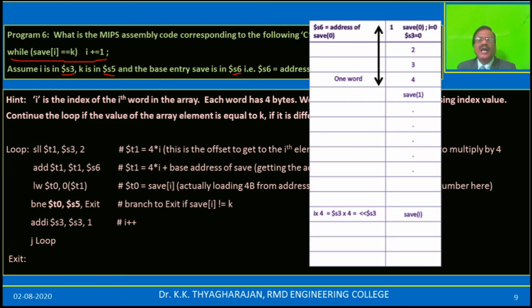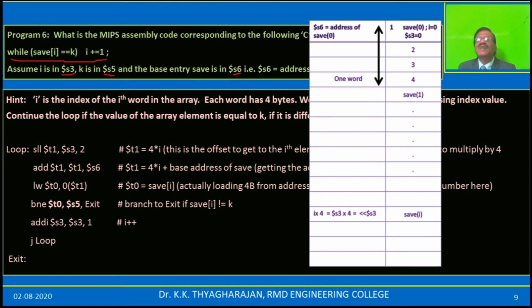So the array will be like this. S6 is giving the base address. Base address means it is indicating the first element in the array, and the index value is 0.